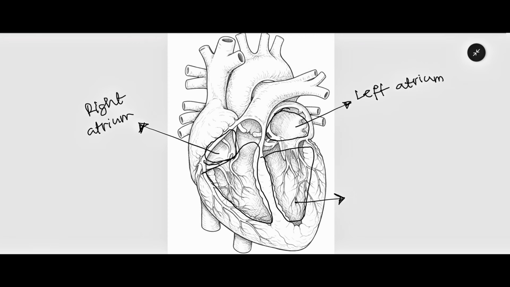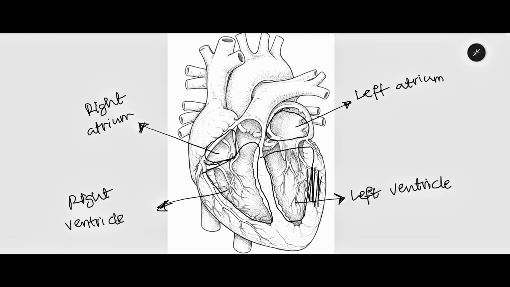So again, we have the left and the right ventricles. So left ventricle and the right ventricle. The left ventricle has a much thicker wall because it's responsible for pumping blood to the whole body.